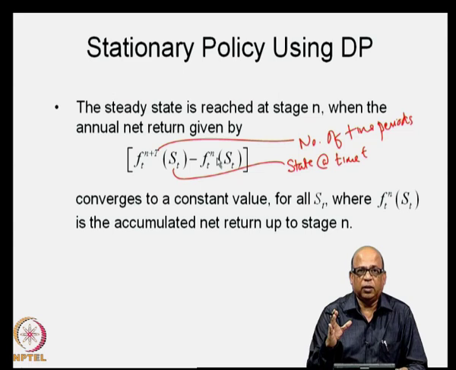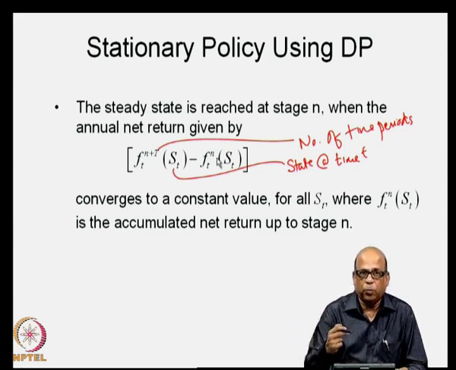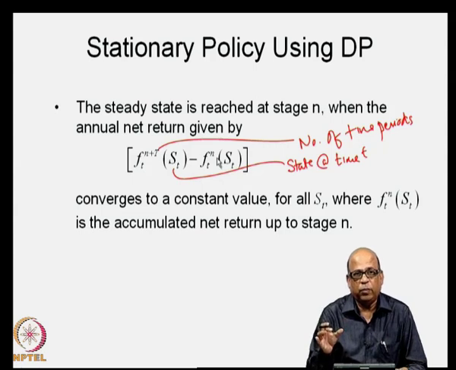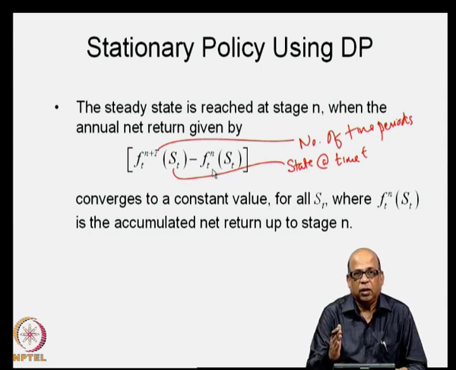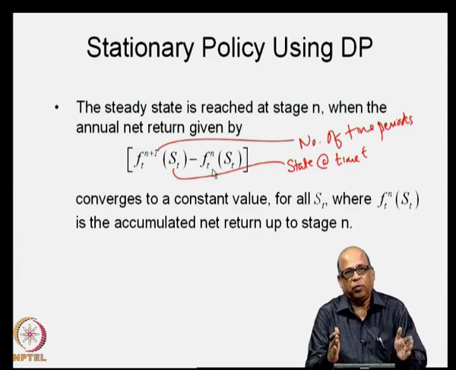Let us say you are considering monthly operation and you are looking at the June performance in the computations. June performance, that is f t associated with June for a given S t of a particular year, and the June performance for a given S t in the next year in the computation. So, this difference gives you the annual system performance for that particular S t.